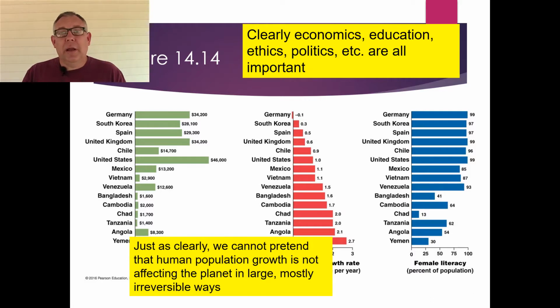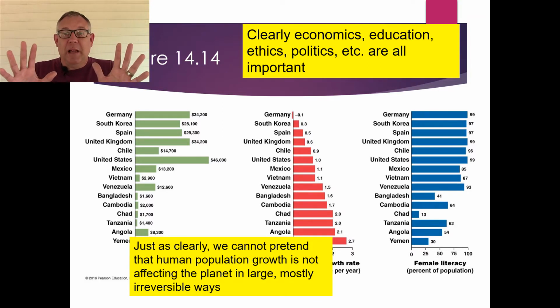But just as clearly, we can't pretend that it's not happening. We can't pretend that we are different than other species, and that as we approach carrying capacity, we're not affecting other species in large and mostly irreversible ways.